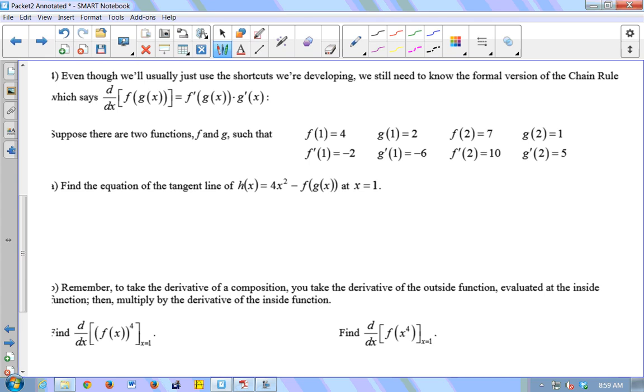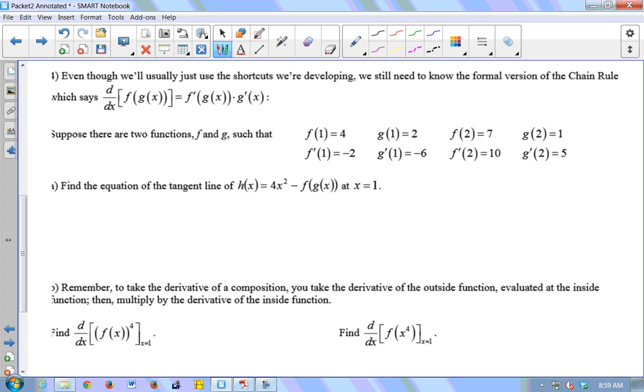And I've given you values of f and g and f prime and g prime at x equals 1 and x equals 2. And I'm going to use those values to find the equation of the tangent line to this function h. And h is equal to 4x squared minus f of g of x.